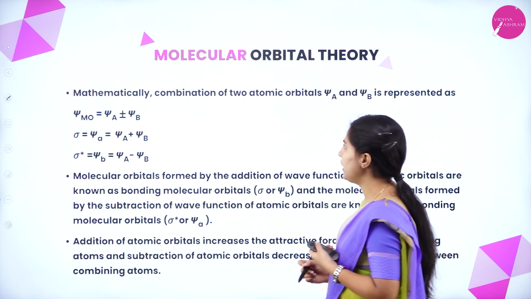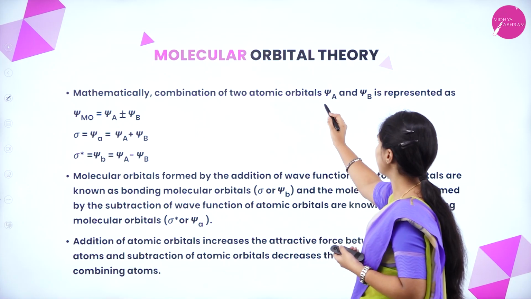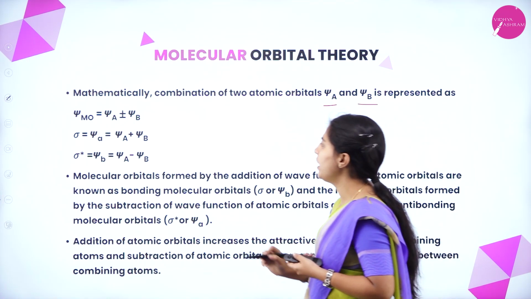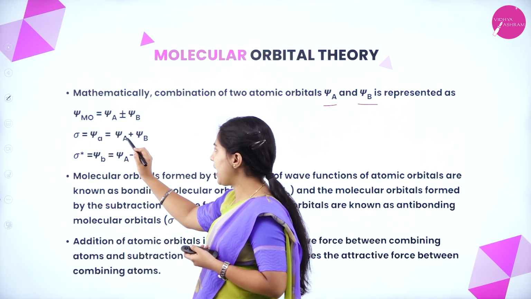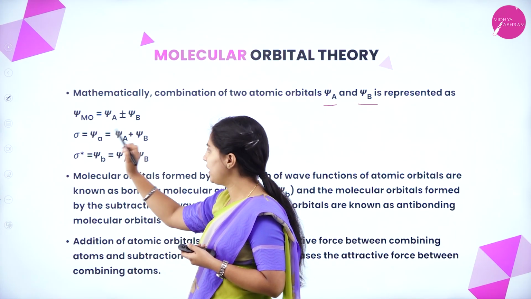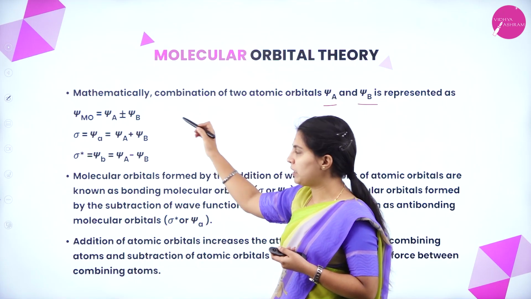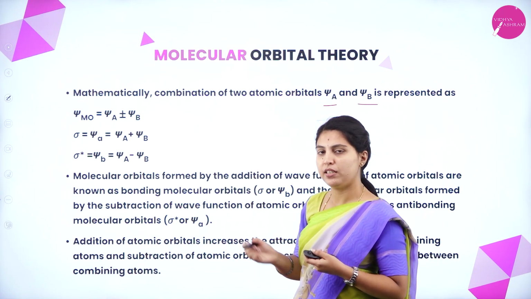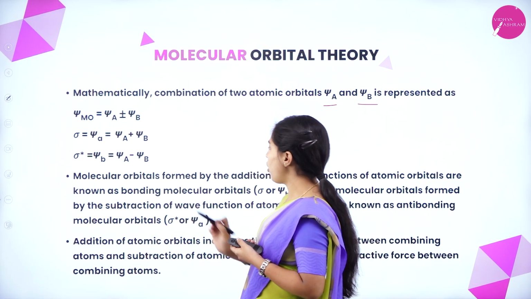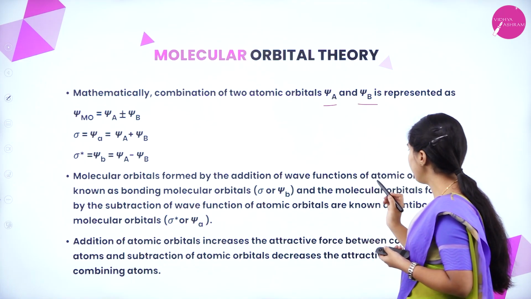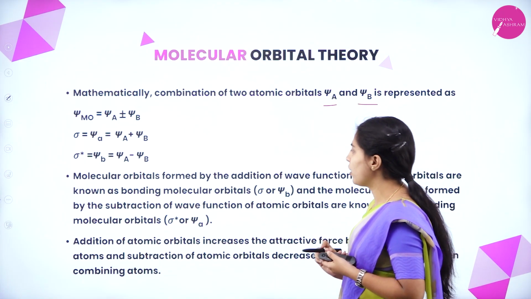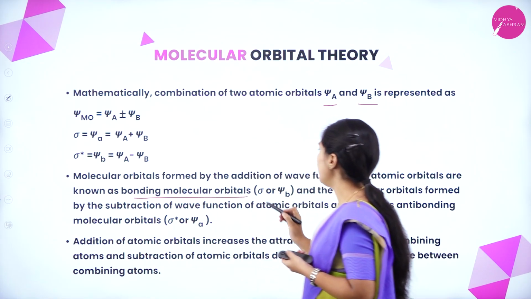See here, mathematically the combination of two atomic orbitals, phi A and phi B, is represented by sigma, that is phi A plus phi B, which is symmetric. Here asymmetric means it should subtract, that is the mathematical representation of the previous sentences. Molecular orbitals formed by the addition of wave functions of atomic orbitals are known as bonding molecular orbitals.